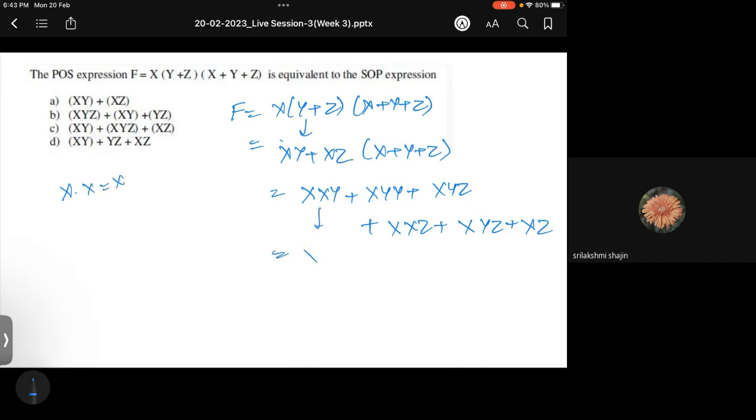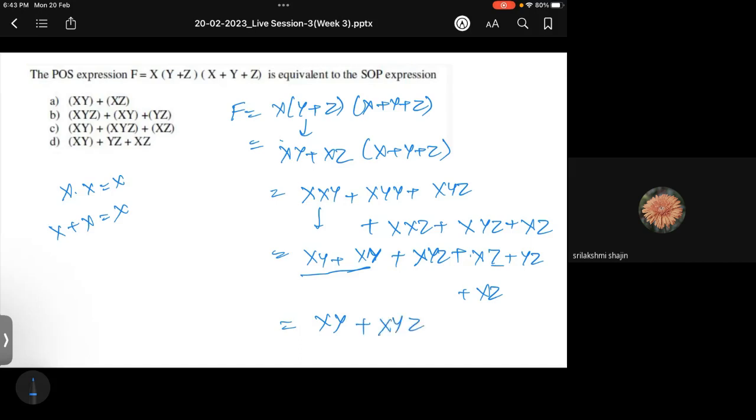So this one will be xz. This will be xz only. And this will be xz plus y plus y. No, x into x is nothing but x only. These both are same. xz plus xy. This applies to this also. Okay, I'm writing something extra. xyz plus xy plus yz.